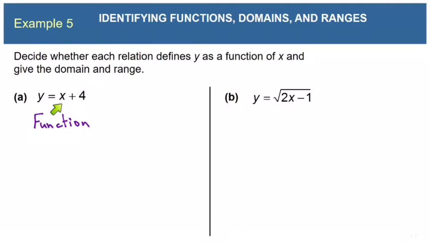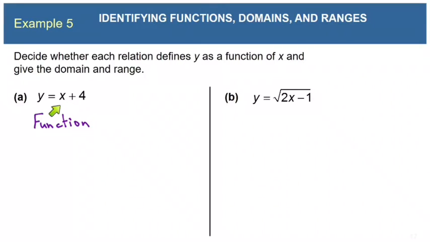And now let's think about domain. One thing you might want to do is decide whether you've got a polynomial or a radical expression or a rational expression. Here we don't have a radical, and we certainly don't have x in the denominator, and so this is a polynomial. Notice that if we did have a power on the x, it would be a 1, and so the power of x that we have here is a positive whole number.